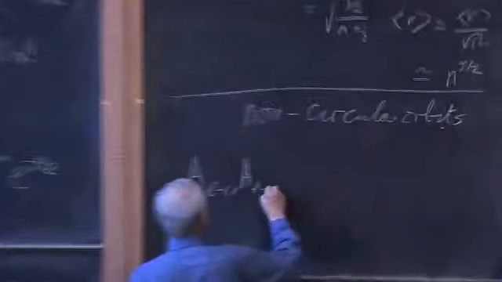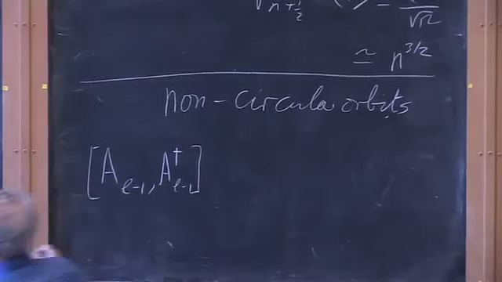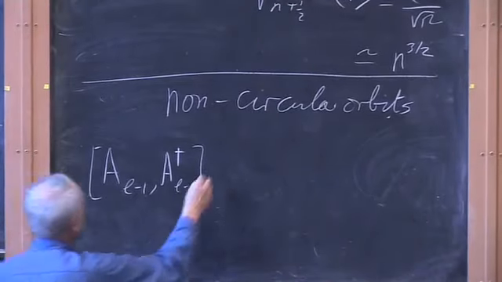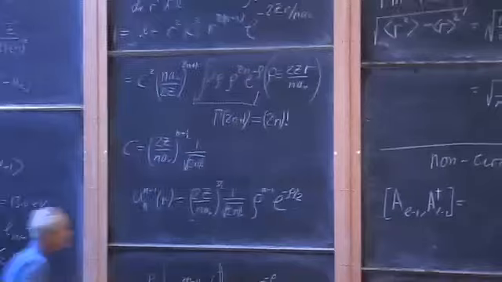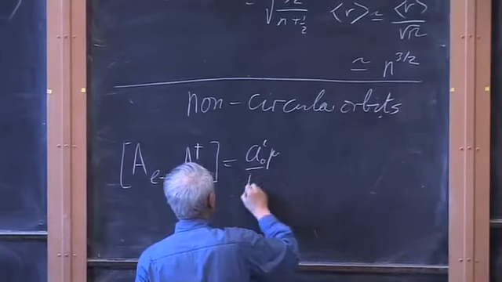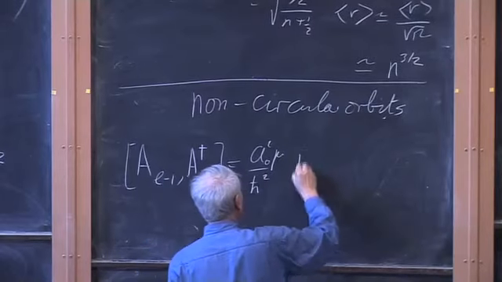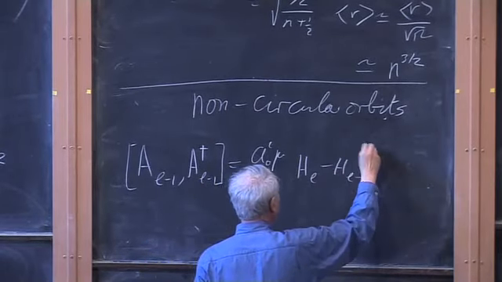AL minus 1, AL minus 1 dagger, this is just a relabeling operation, right, is equal to, can I remember which way up it is? No. A0 squared mu over h bar squared of HL minus HL minus 1.